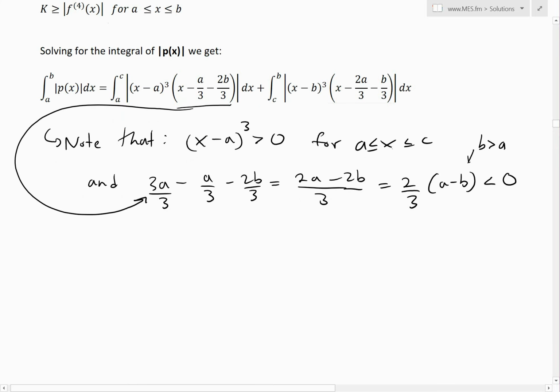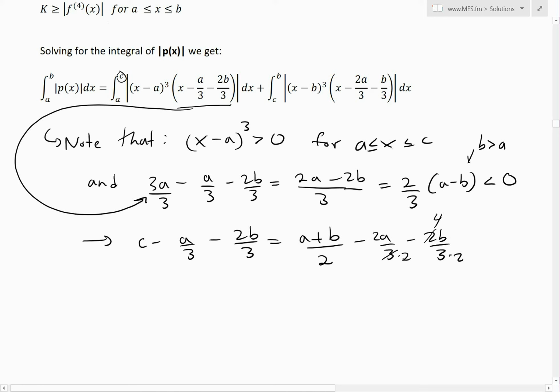So that's always less than 0, and we also know that if we look at the c value here and plug that in, c minus a over 3 minus 2b over 3, where c is just a plus b over 2, and then use the common denominator, times 2 this is going to be 4, and this becomes 6, so times 3 here.